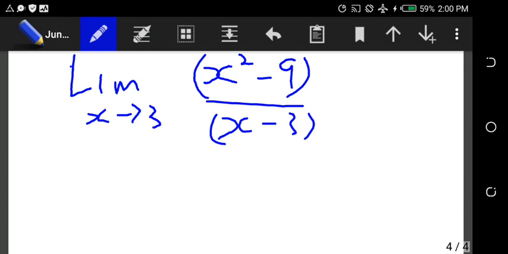Therefore, we can go ahead and expand on that to be able to provide a solution to the problem that we have at hand.